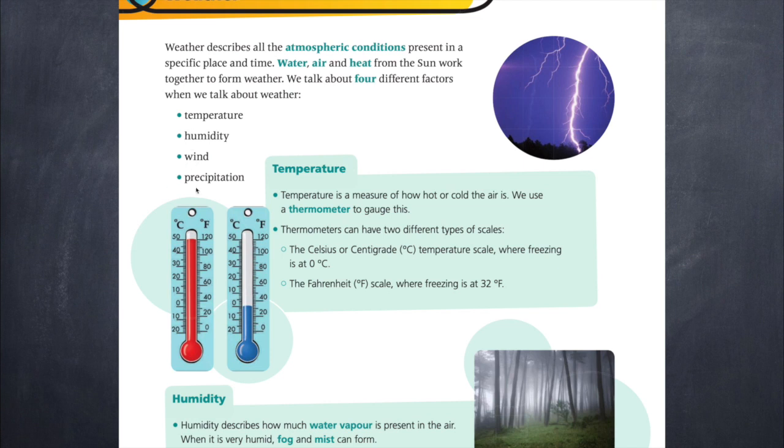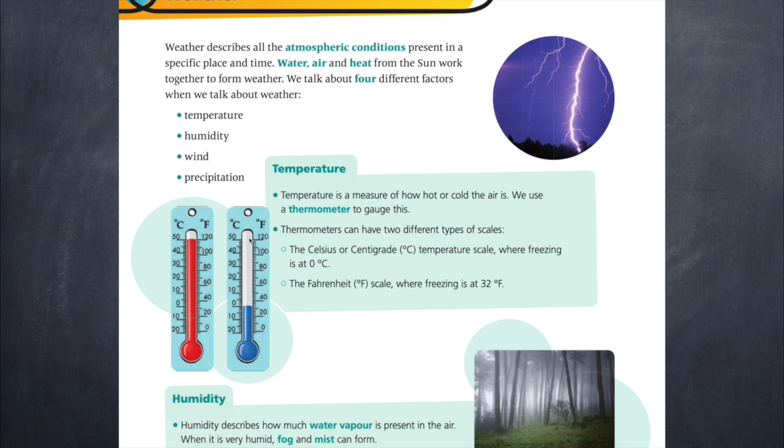Okay, so help me. Do you remember what temperature is? Temperature is a measure of how cold or hot the air is. And do you remember what instrument we use to measure the temperature? Yes, exactly, the thermometer.